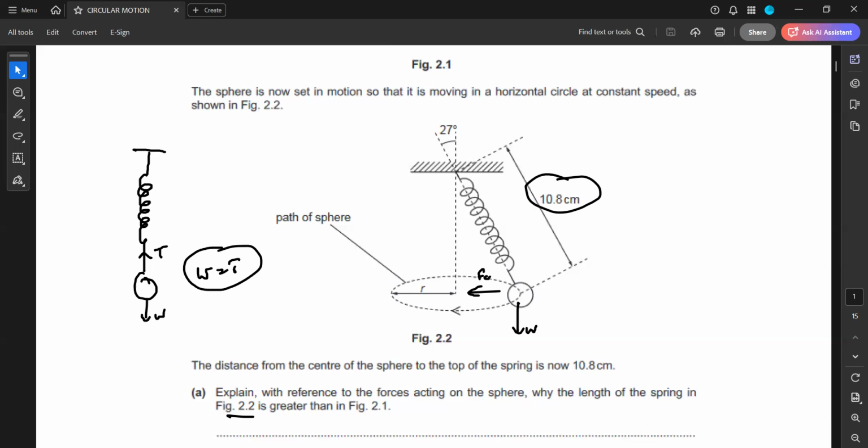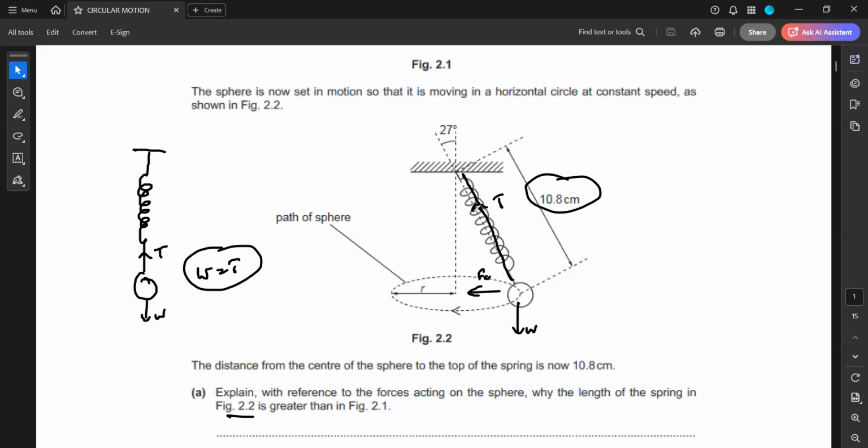But now, as it is in circular motion, the spring makes a certain angle with the vertical axis. If I say this is a tension T, this T will have two components.